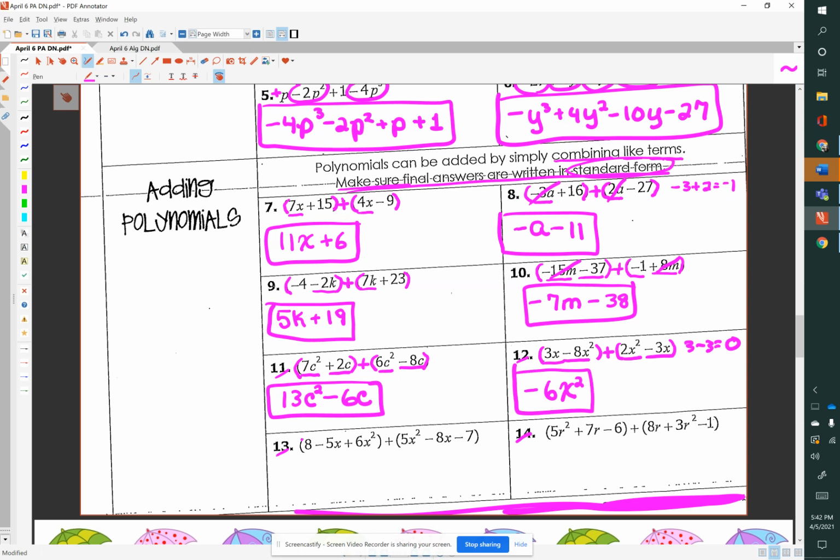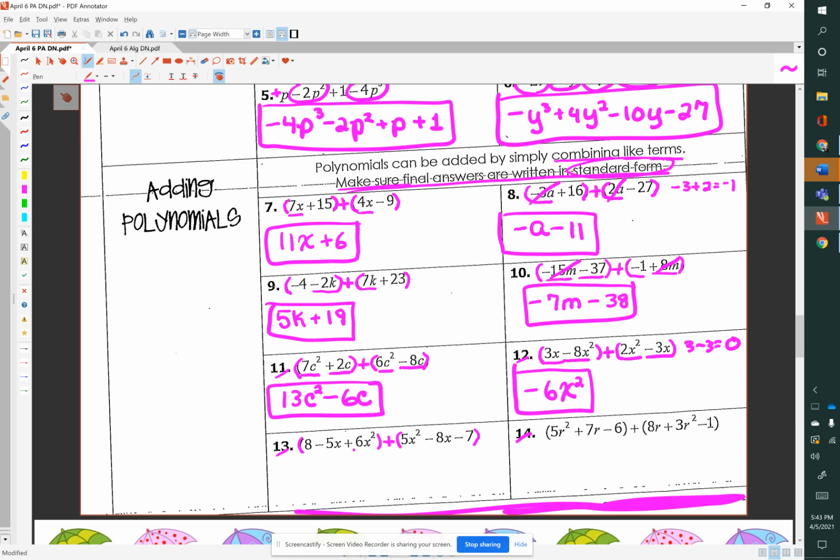Number 13, we have trinomials. We have that word tri in there. We have 3 terms in each one being added together. So we have 8 minus 5x plus 6x squared, and to that we add the quantity of 5x squared minus 8x minus 7.